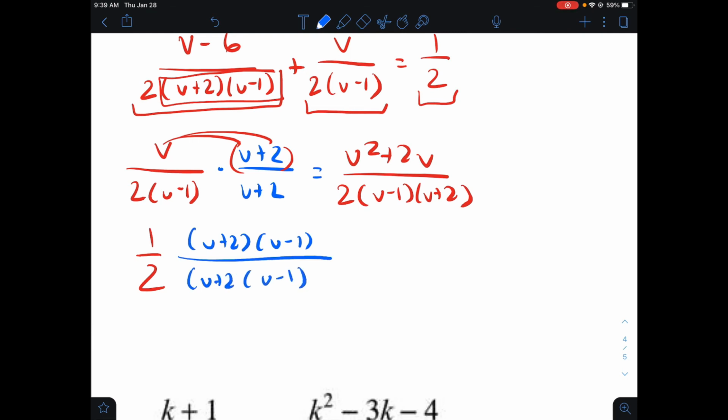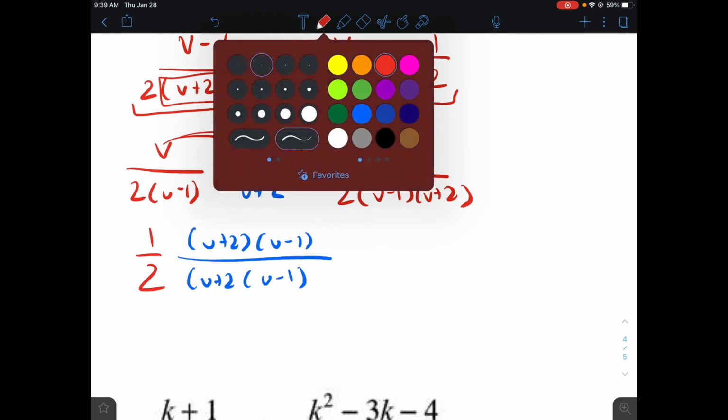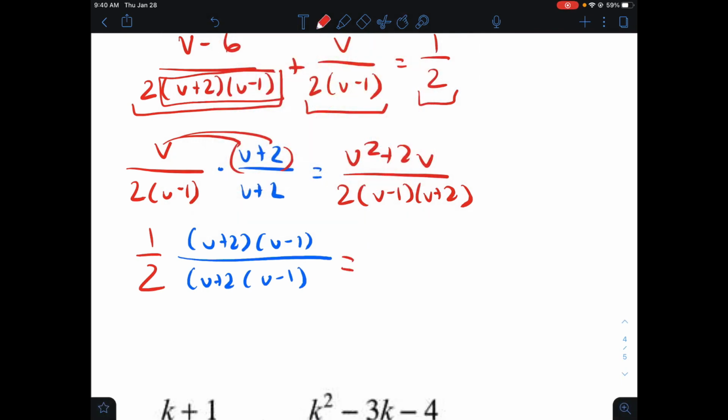All right, and what you get there, we're going to have to multiply that top out or FOIL it, right? So you end up, and since it's a 1, you can kind of just ignore it, right? Multiplying by 1. So you should end up with v squared minus v plus 2v minus 2.